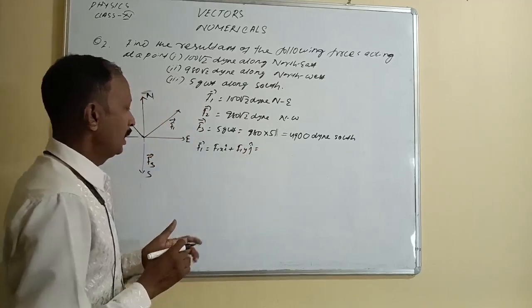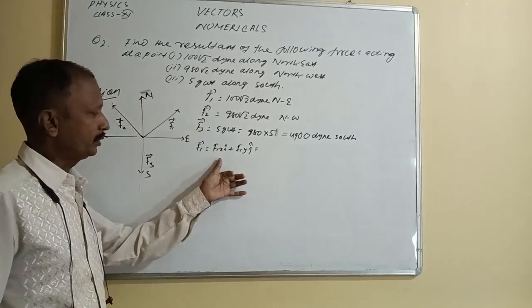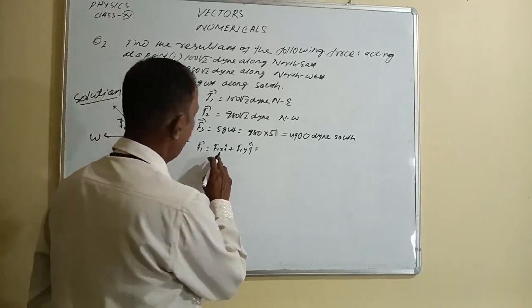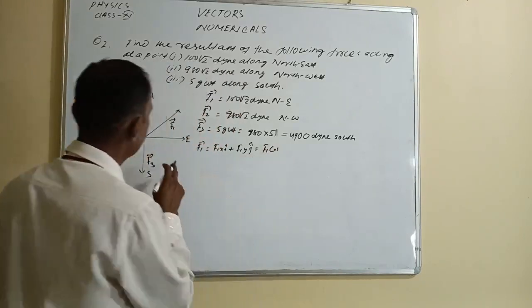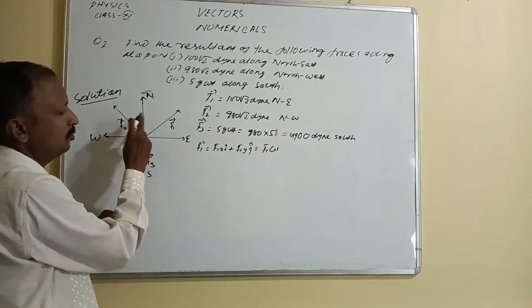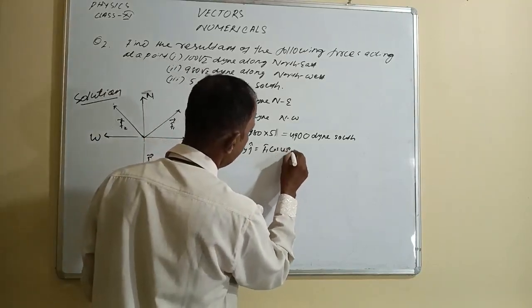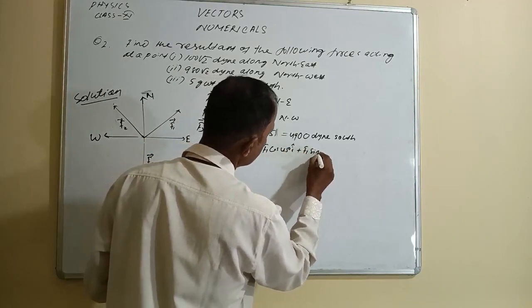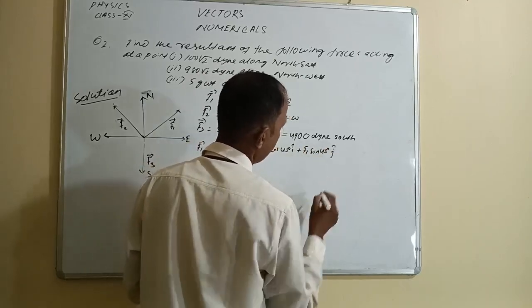So F1x I can write F1 cos 45 degree i cap plus F1 sin 45 degree j cap, because the angle is 45 degree with the x axis and the y axis.